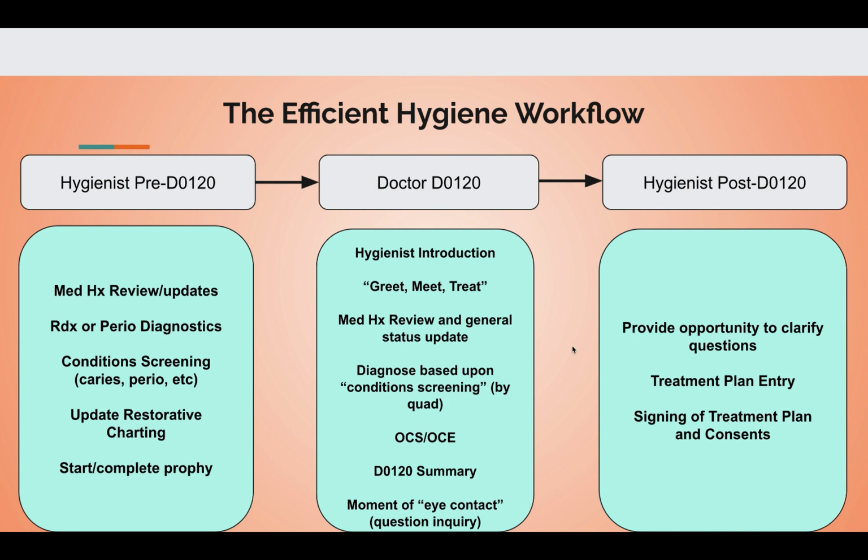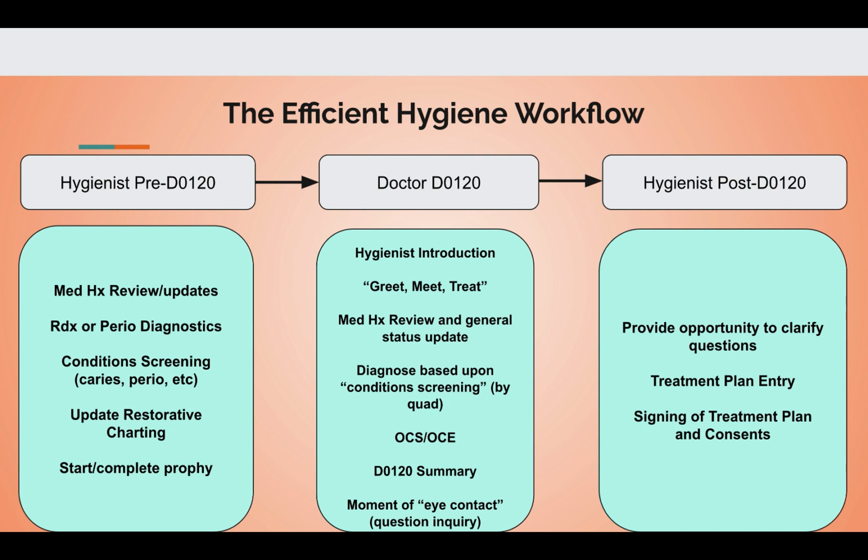So again, here's the efficient hygiene workflow. A lot of this is subject to change, but as some of the young doctors join our organization, they sometimes get caught in what should and shouldn't be done. Hopefully this provides more clarity. The doctor does not need to go through and poke every occlusal groove on number 18 and 19 and 20, so on and so forth.